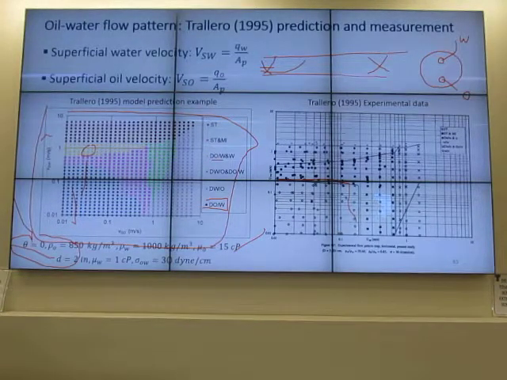Water will be injected from the top and then go down, right? So inlet condition may actually matter. But away from the inlet, I think the flow map that they have happened. So distance from the inlet can matter.